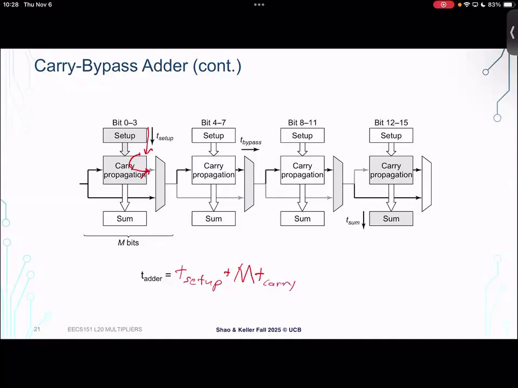Okay, now here's where the magic happens: in parallel, we've already calculated the generate and kill signals for all of the downstream blocks, right? So that means that in the best case, we're choosing the top select of the mux. In the worst case, we're choosing the bottom select. But even in that worst case, we're not going through any logic. We're just going through a mux in each stage, right?